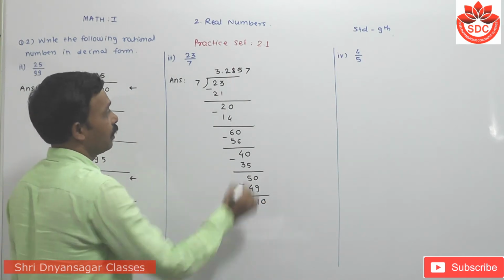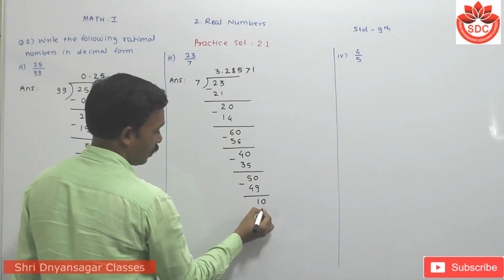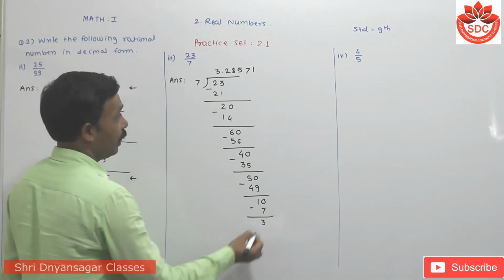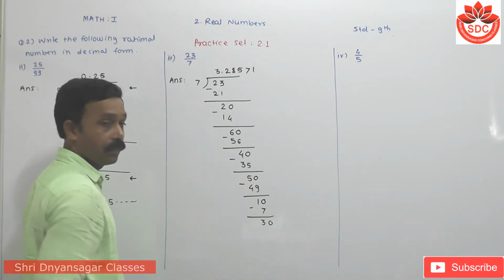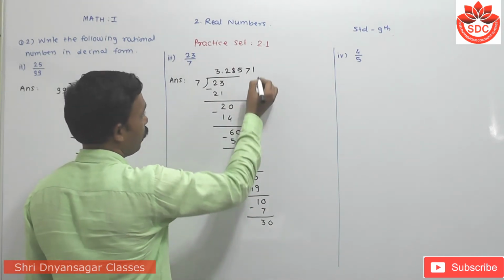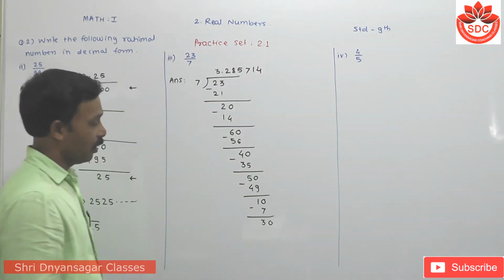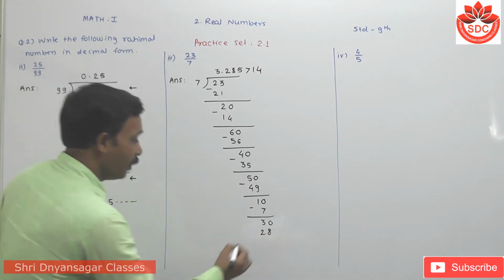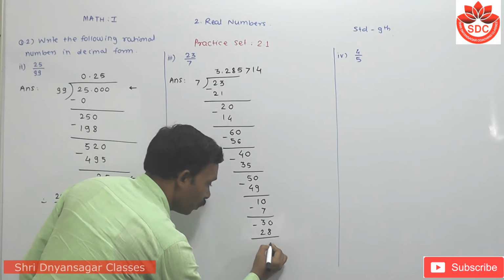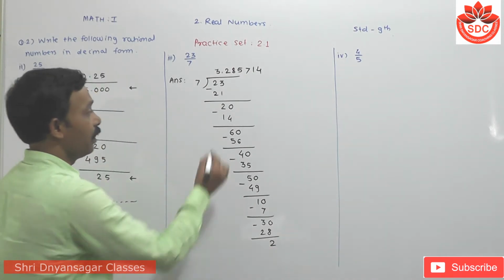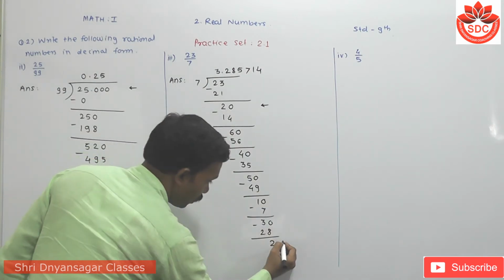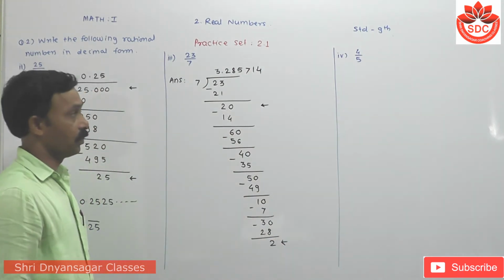It becomes 10. 7 ones are 7. Remaining is 3. Then again take 0. Then 7 fours are how much? 28. Then remaining is 2. Look carefully. Here also remaining is 2. Here also remaining is 2.